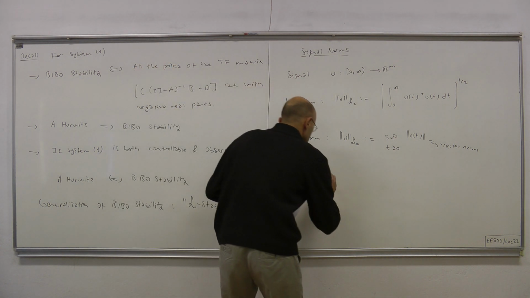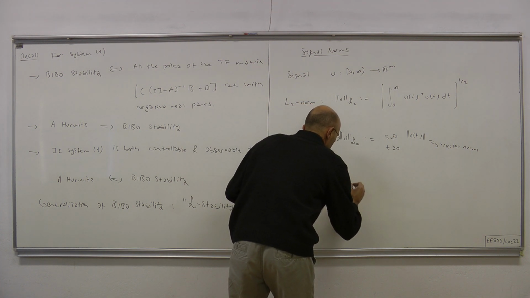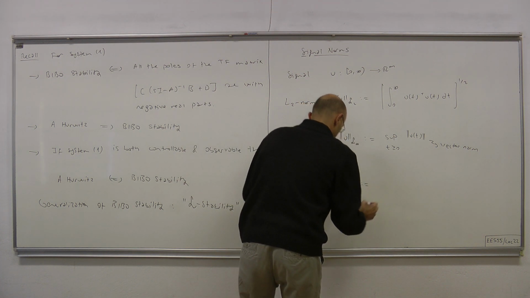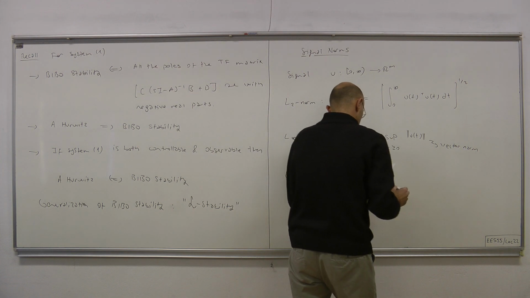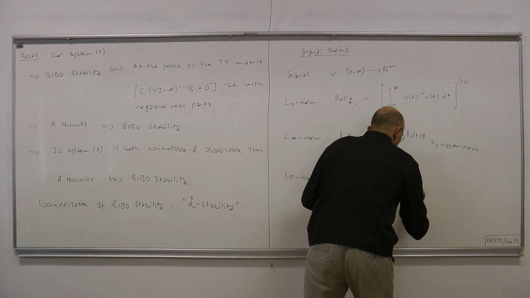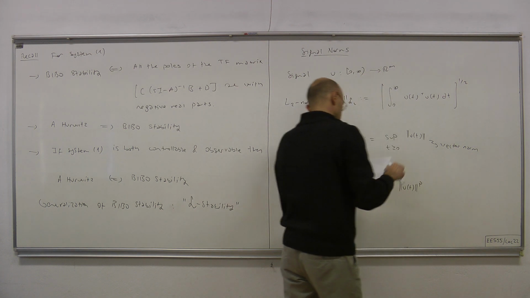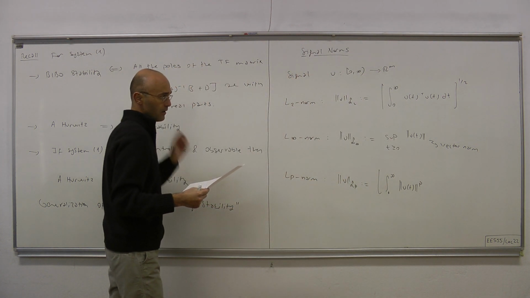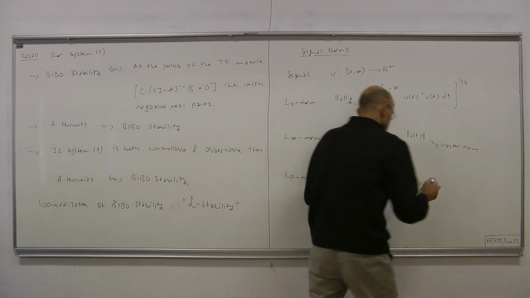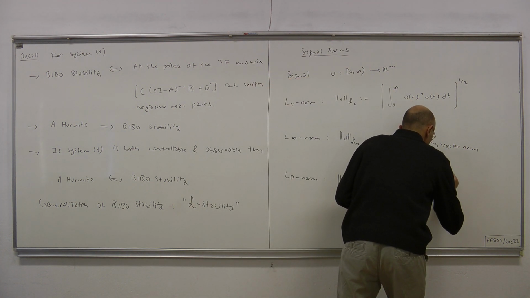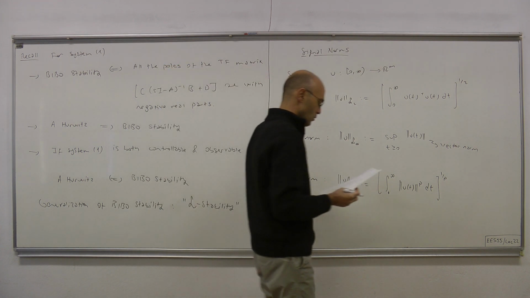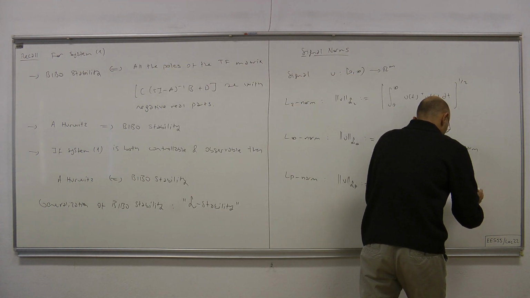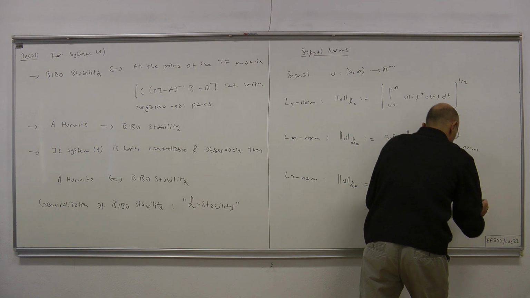An Lp norm is defined as the integral from 0 to infinity of the norm of u(t) to the power p, where p has to be greater than or equal to 1, dt, and then you take the pth root of what you compute.